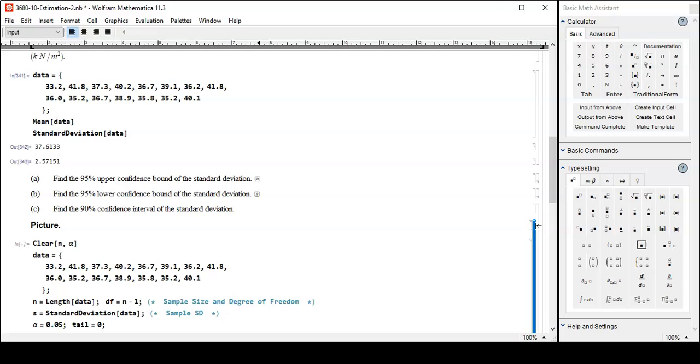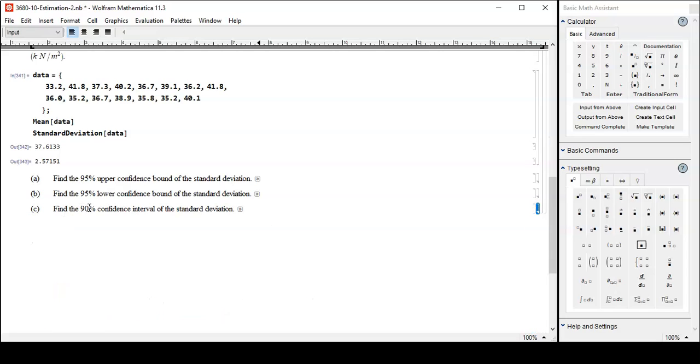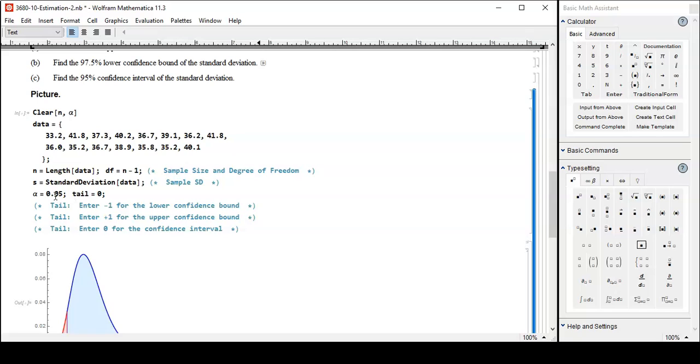So for example, if you wanted to find a 95% confidence interval to begin with, then you need 97.5% lower confidence bound and 97.5% upper confidence bound. The picture will change accordingly.